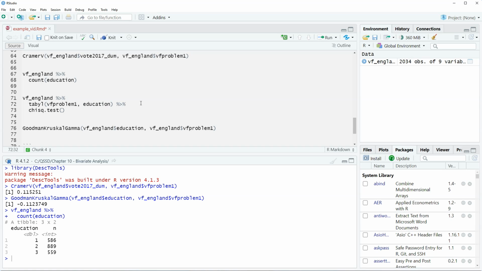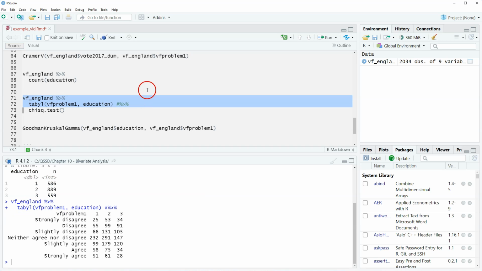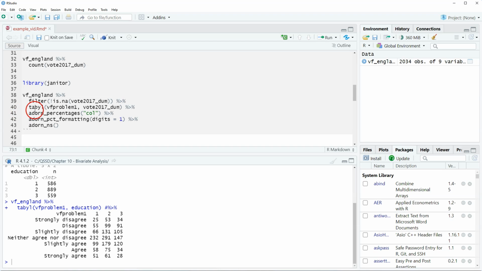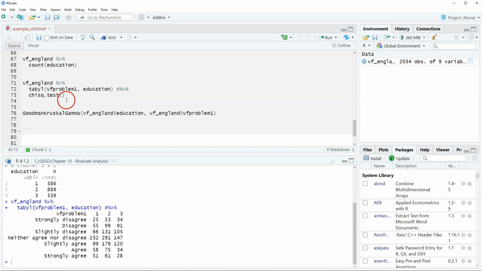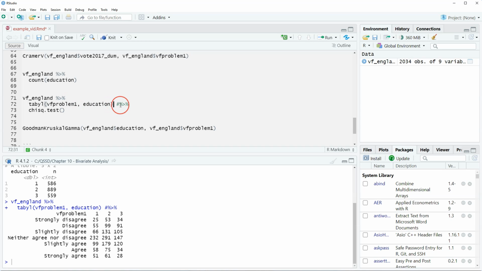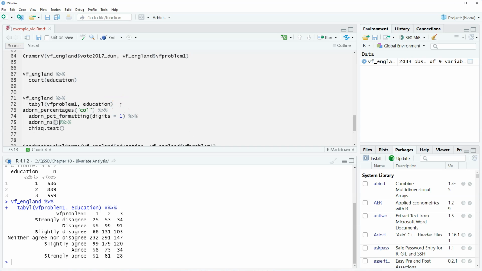Let's take a look at the simple crosstab. I didn't include any adorn stuff. We should adorn it. I'm going to steal all this from up here, from the first video looking at crosstabs. I'll straighten these out a little.